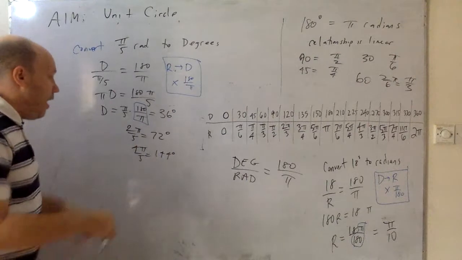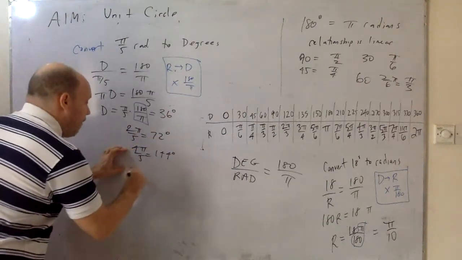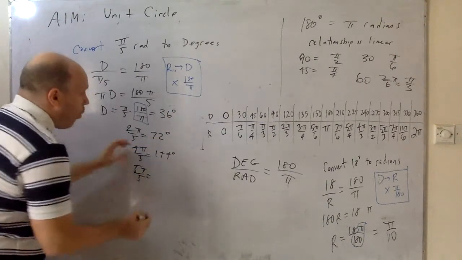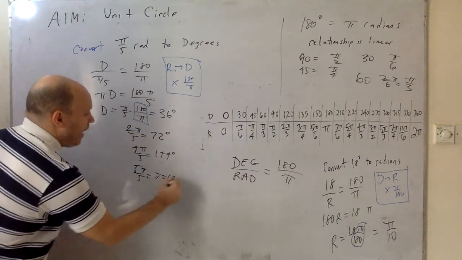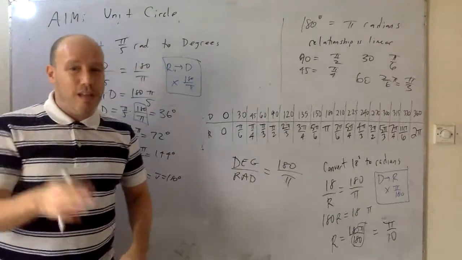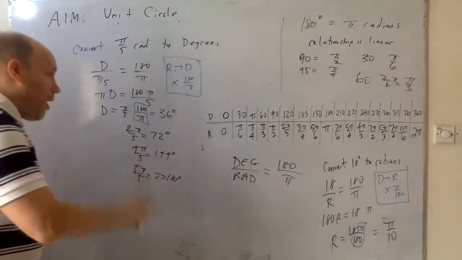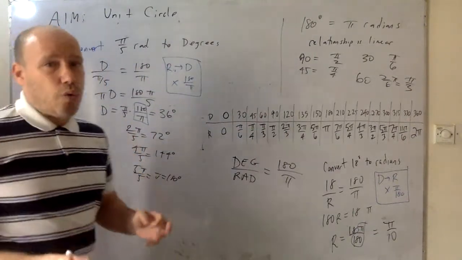All these things come together. If I add on another 36, 5 pi over 5, 144 plus 36, this is pi, this is 180. So it all comes together.